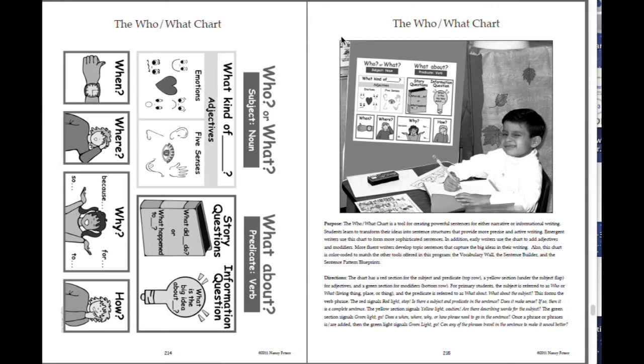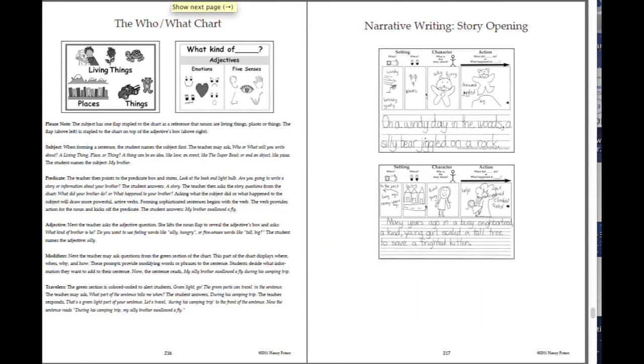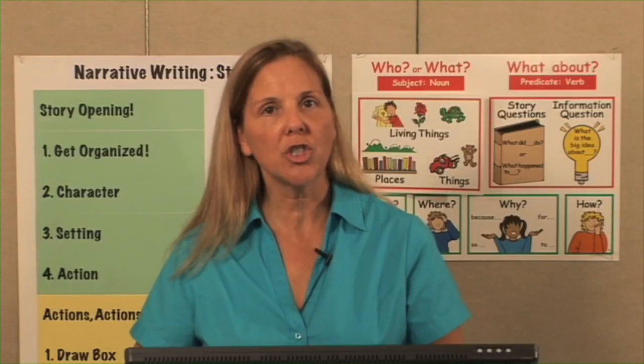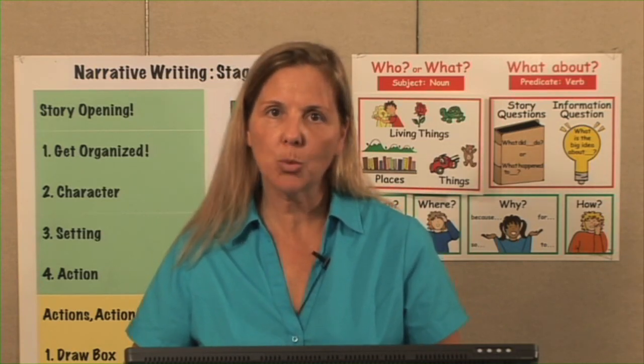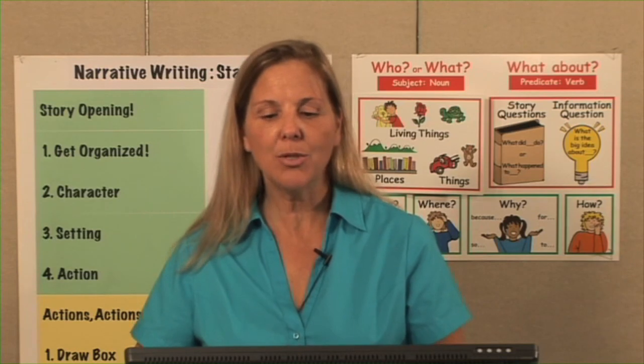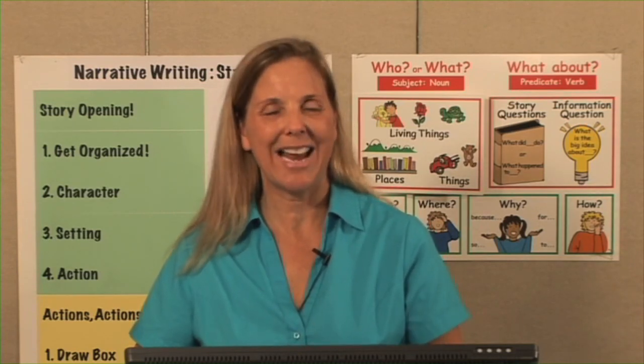On page 215 is information for you to read about the who what chart. So you could go back to this and read more about how to use the who what chart and all the different parts. Now we're going to move on to the student worksheets so that you can eventually have students practice writing complete sentences using these different worksheets that I'm going to show you.